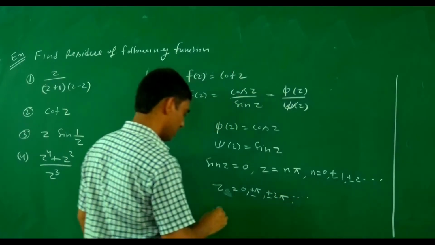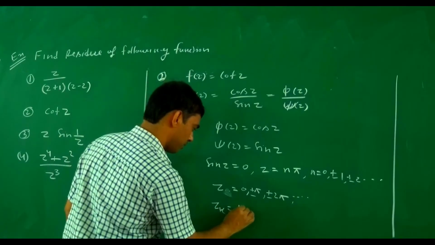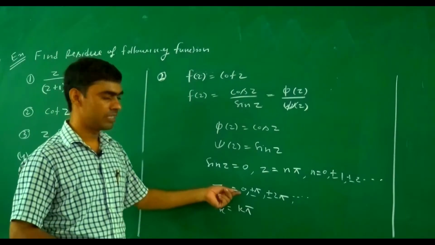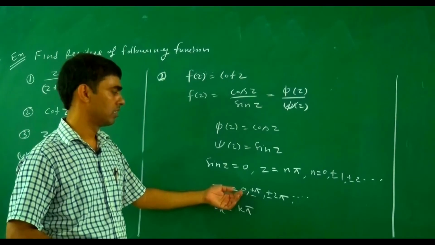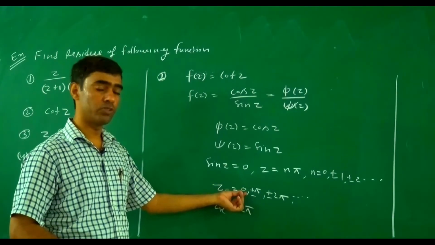So z_k equal k pi. These are the poles, poles of order 1, at z equal 0 and the other isolated singular points.